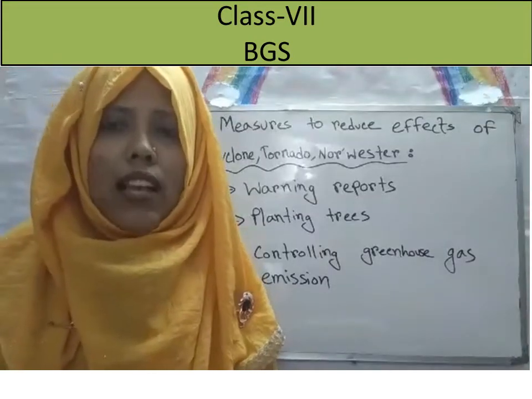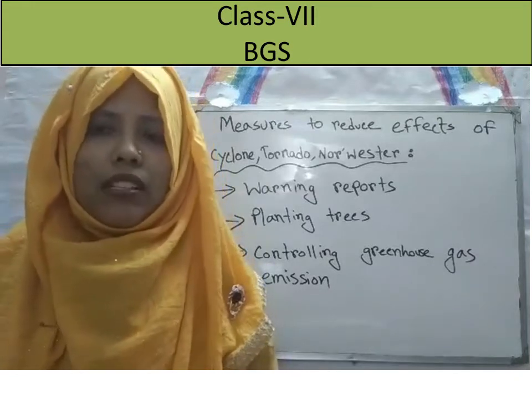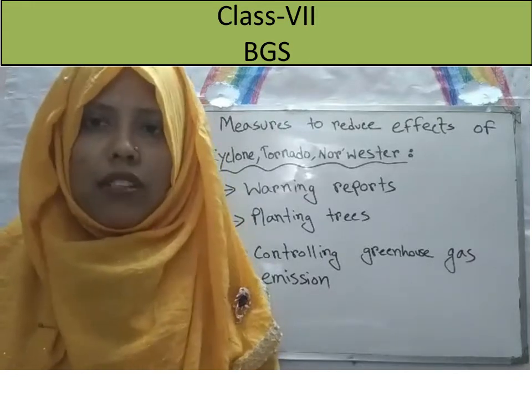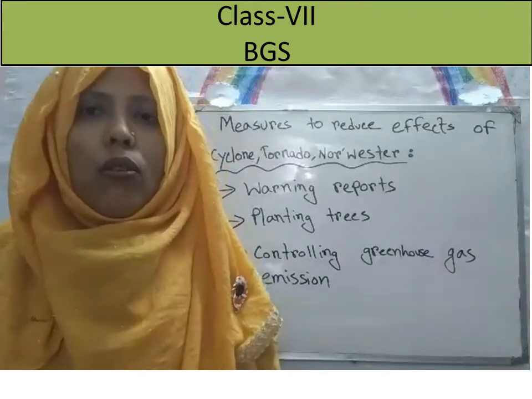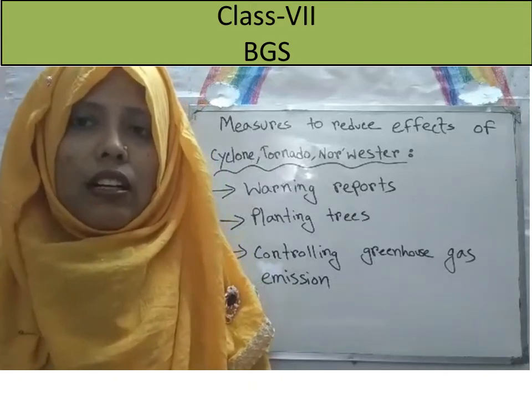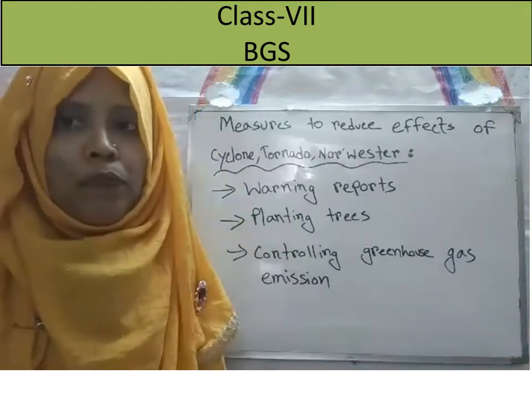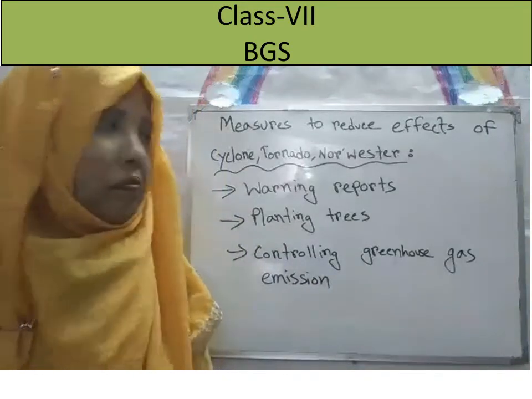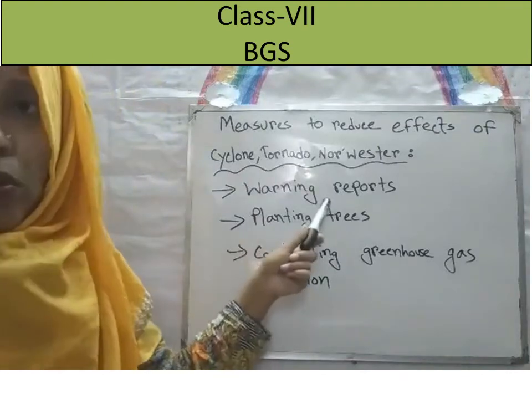We know that cyclone, tidal wave, tornado, and nor'wester, these types of disasters occur due to the same reason, low pressure in air. So the steps to reduce the damages of these disasters are the same. The first step will be warning reports.